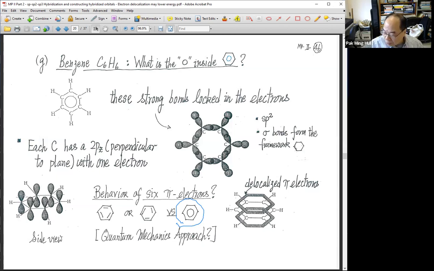In the following discussion, I would like to explain to you what is this small circle in the middle. Here is a big idea that will come out. It is called delocalization of electrons, meaning let an electron wander around over a farther extent that may lower the energy.